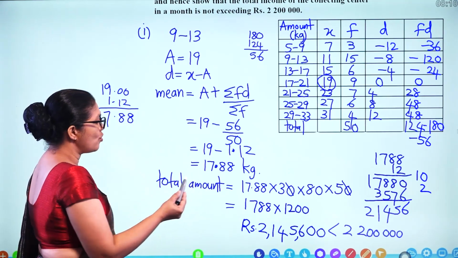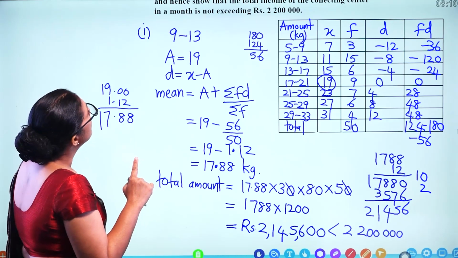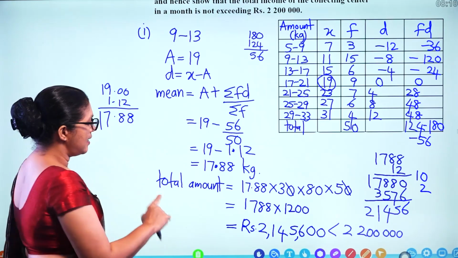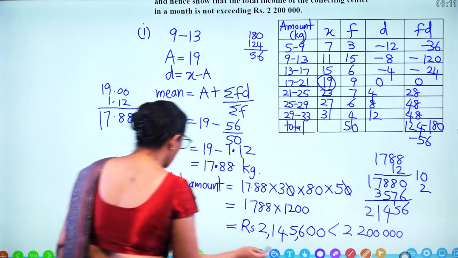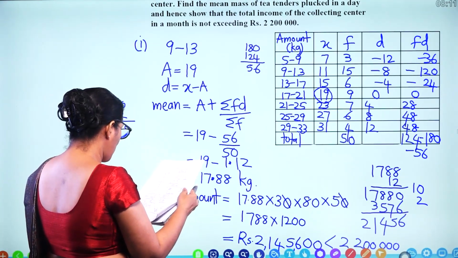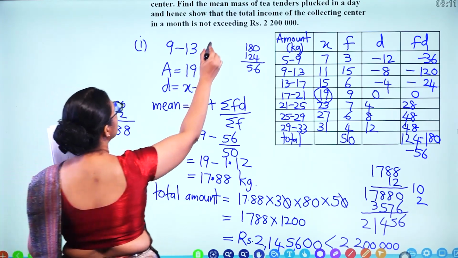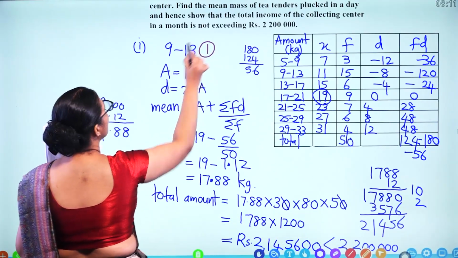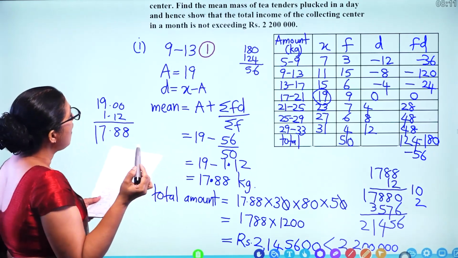So we can show that the monthly income of the collecting center in a month is not exceeding this much. So how many marks? So for each step you are getting marks. According to the marking scheme, 9 to 13, that's 1 mark. And finding mean, you are getting normally 5 marks.